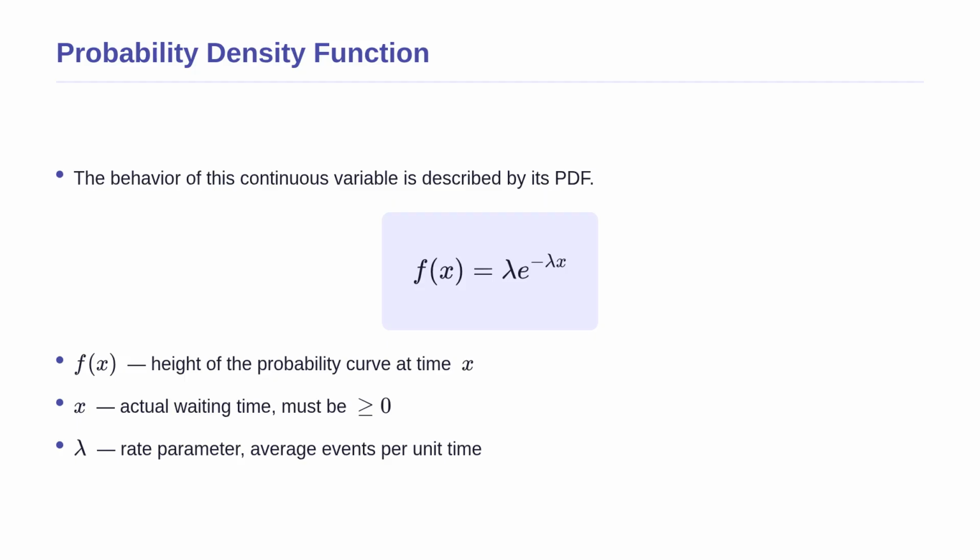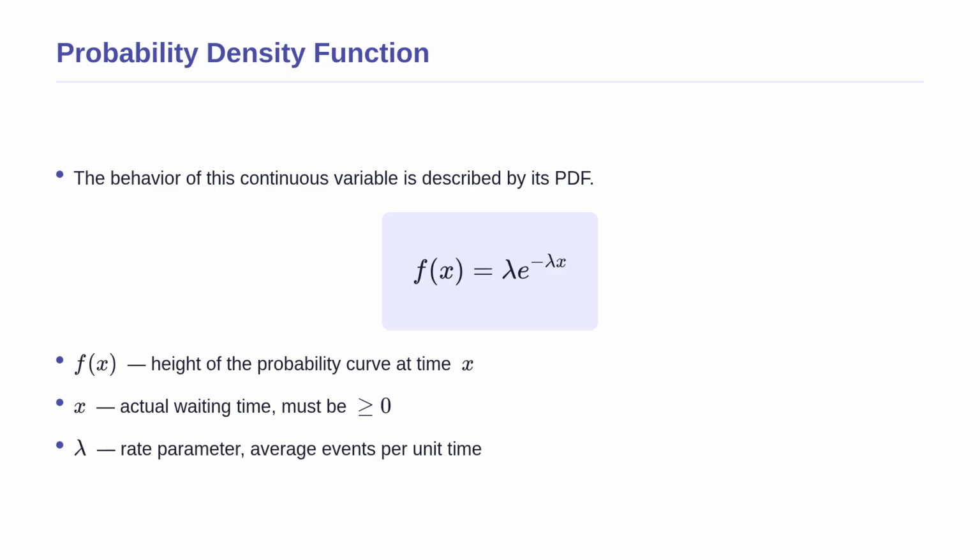Now that we know what this distribution represents, let us look at its mathematical engine, the probability density function, or PDF. This formula gives us the relative likelihood of different waiting times. The symbol lambda represents the rate parameter, which is the average number of events per unit of time.